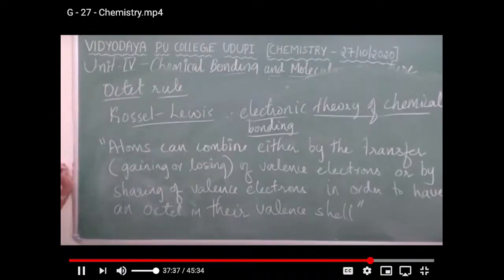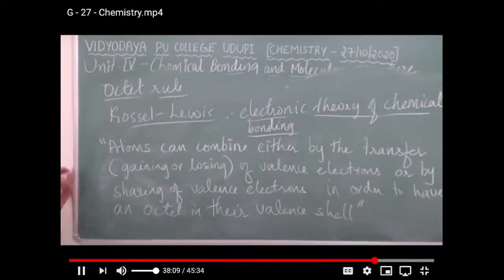So Kossel and Lewis gave a theory for the combination of the atoms of various elements. It is called electronic theory of chemical bonding, and that is given by the octet rule. Octet rule is atoms can combine either by the transfer of valence electrons or by sharing of the valence electrons in order to have an octet in their valence shell.